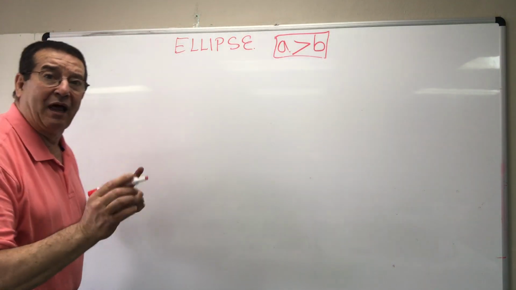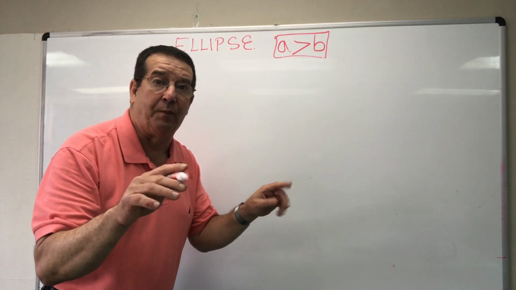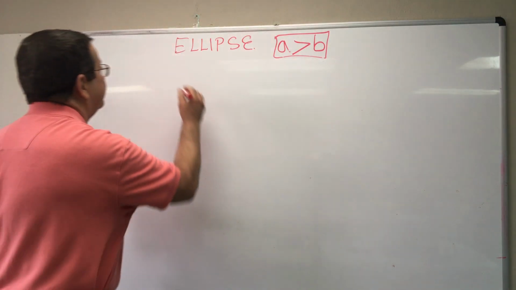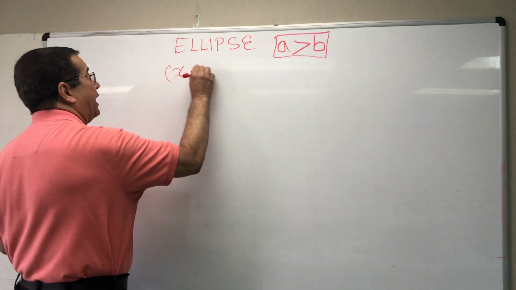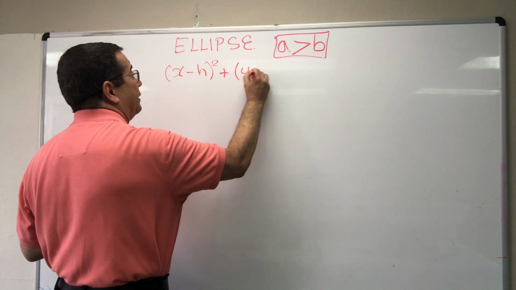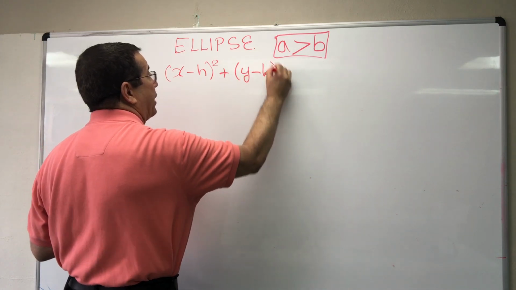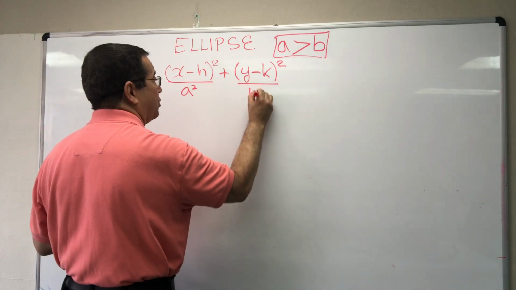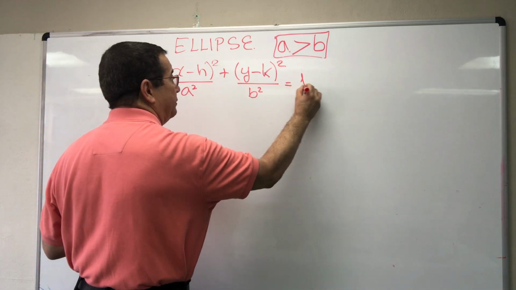Okay, the general form to represent the ellipses is like this. (x - h)^2 / a^2 + (y - k)^2 / b^2 = 1.